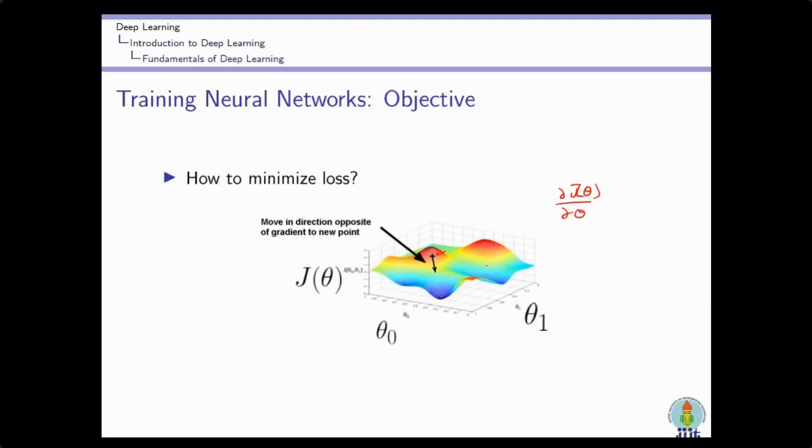How will I update the weights? Since I have to move in the reverse direction, I will subtract some portion of del J theta upon del theta from the actual weights. So I have updated these weights, and this eta is nothing but the learning rate. Basically, this is known as the learning rate.